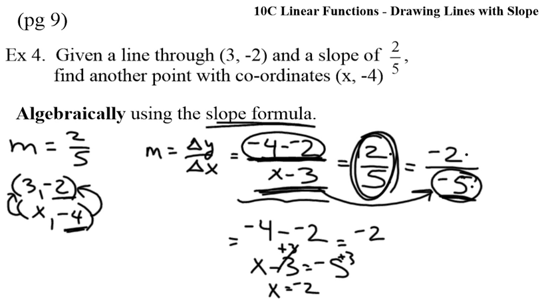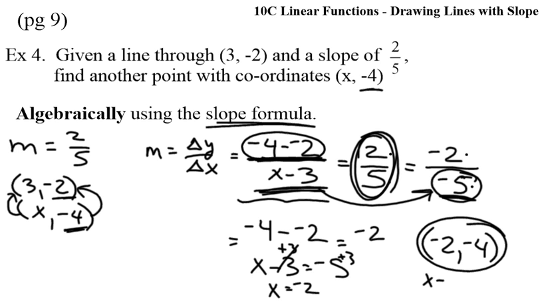So my x would be -2 with my y, which is -4. So x is -2, which is the same thing as it was on the graph. Slope calculation, slope on the graph, it's the exact same thing done a little different.